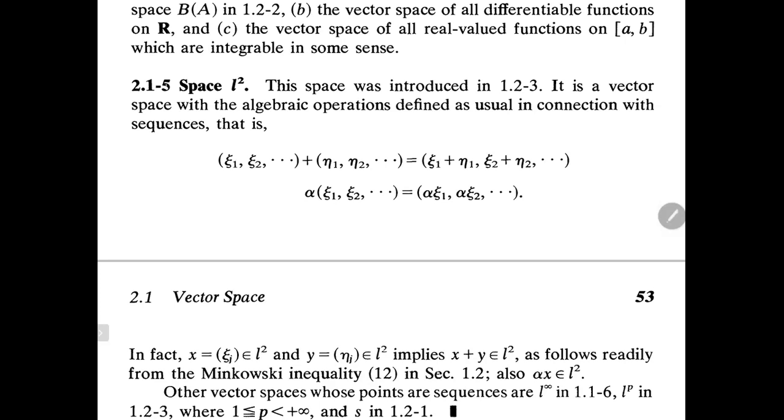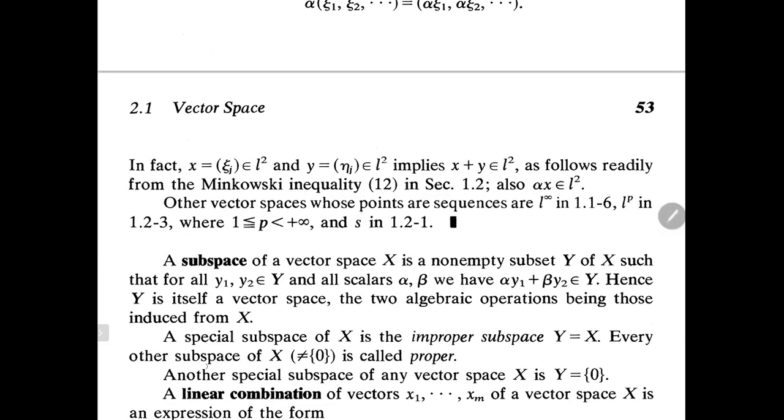So L2 is also a vector space with these two operations. So other vector spaces you can consider L infinity, space of bounded sequences, Lp for p greater than or equal to 1 and less than infinity. So these are vector spaces.